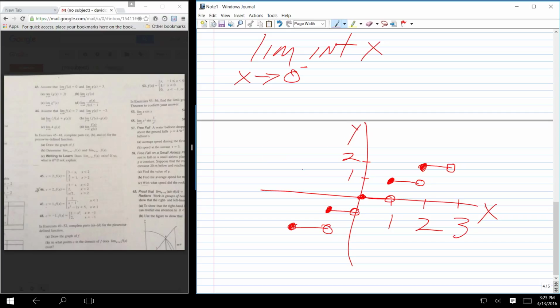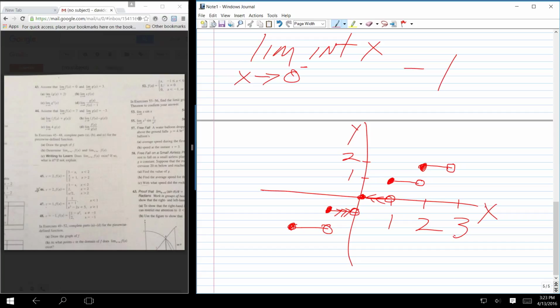If I get on my function and go towards that point from the left, I'm pointing towards minus 1. So that's what the limit is as I approach 0 from the left. Approach it from the right, it's 0, because as I approach from the right, I'm approaching from that point there.